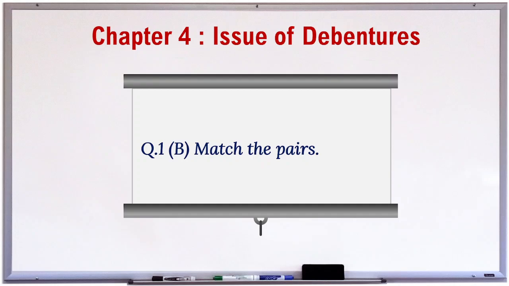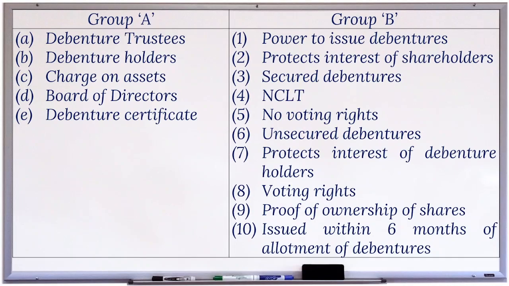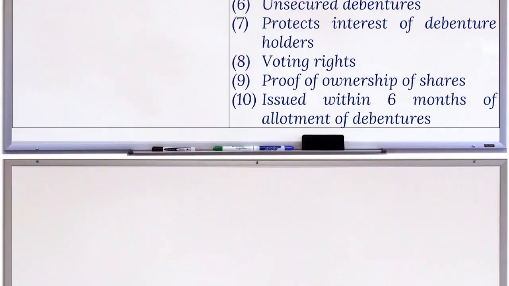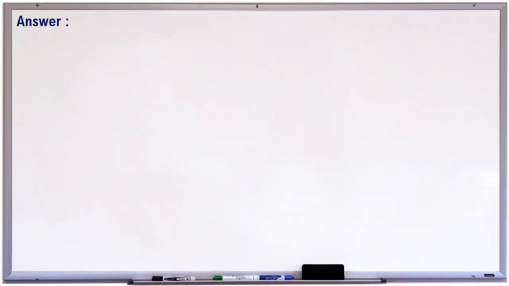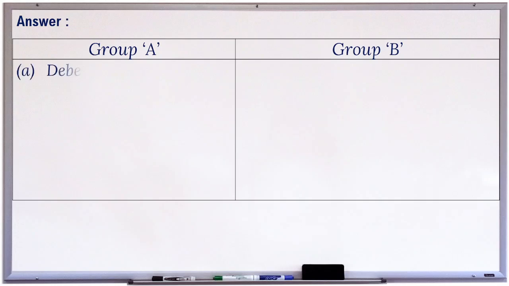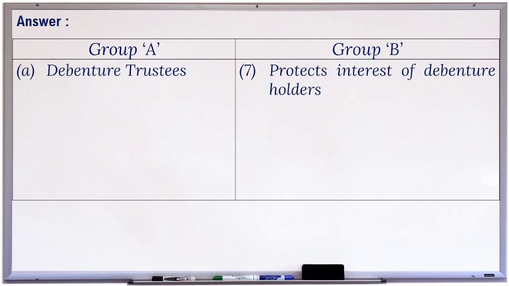Question 1. B. Match the pairs. Students are advised to read the question. Answer. A. Debenture trustees. 7. Protects interest of debenture holders. B. Debenture holders. 5.